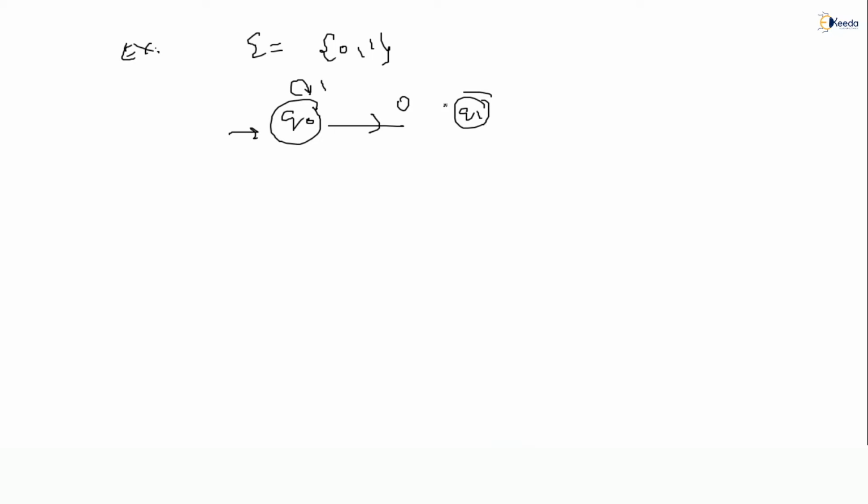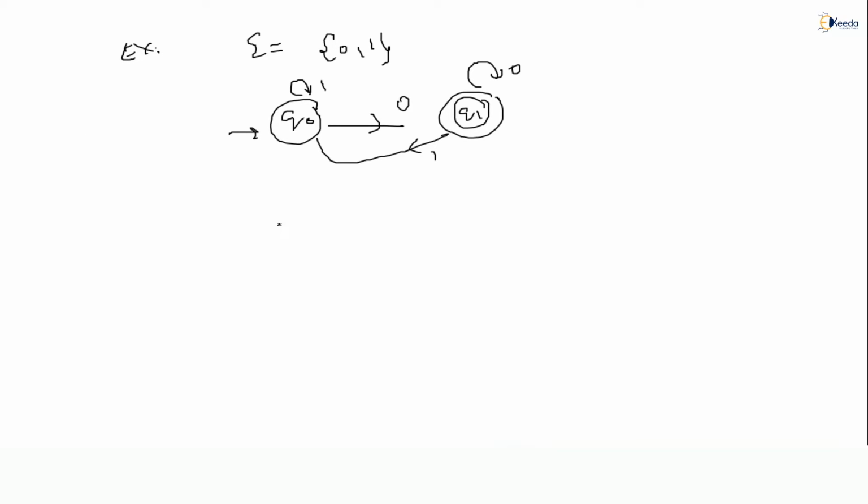I want to tell you some points. Look, all of you. Suppose, for example, sigma equals 0 comma 1. I will take one FA with initial state Q naught. Q naught on 1 goes to Q naught only, and Q naught on 0 goes to Q1, assume that. This is on 0, this is on 1.